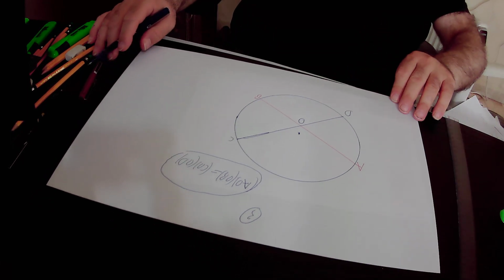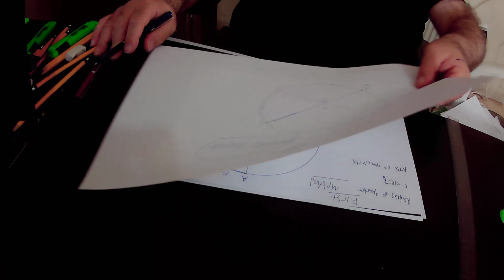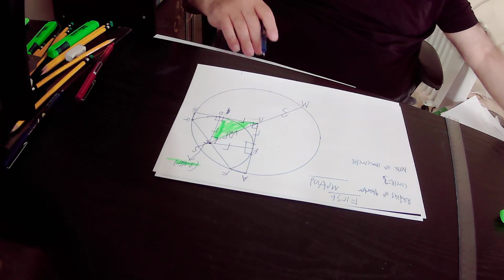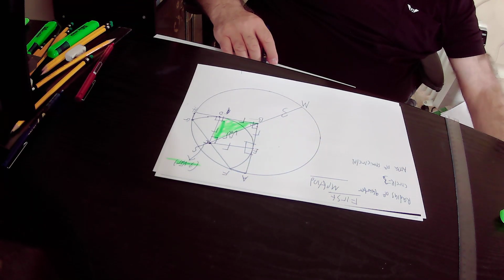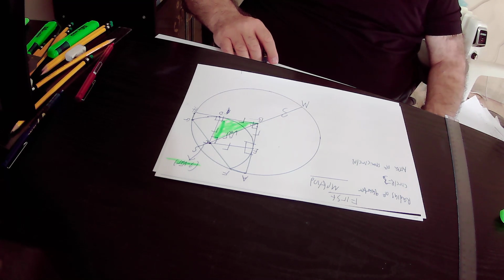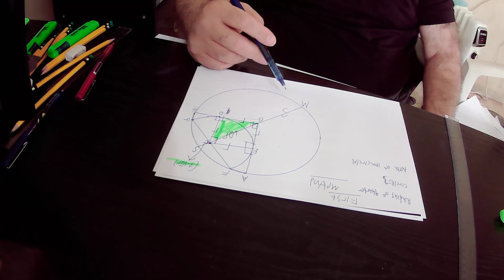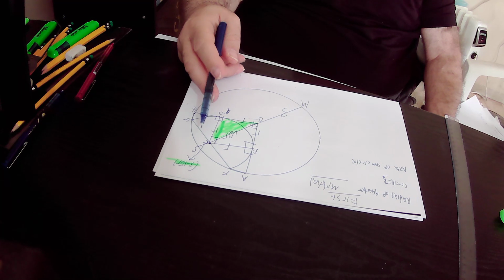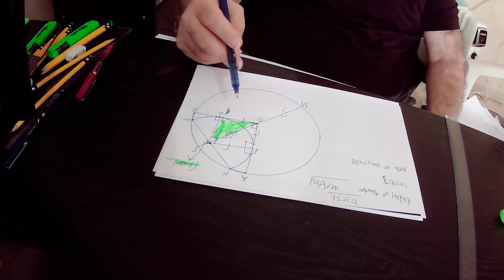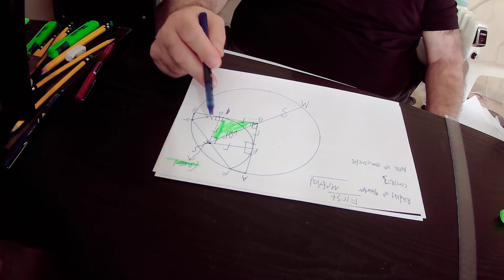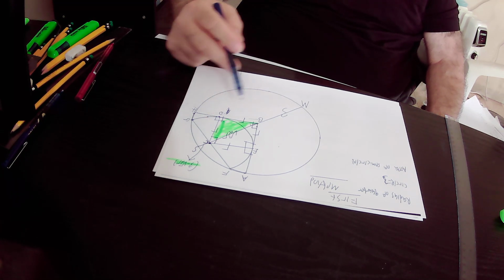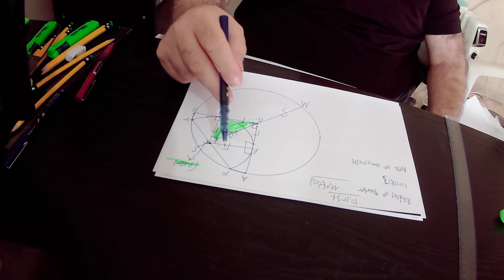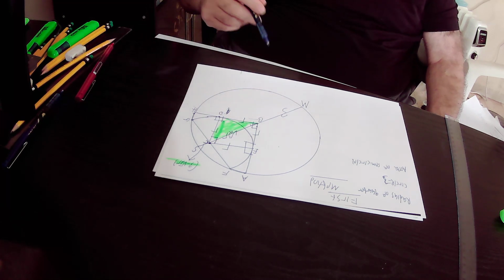So we can implement this rule in our drawing, because in our drawing we have chord MS that intersects with chord FG at point C. Point C is the intersection point between chord MS and chord FG.